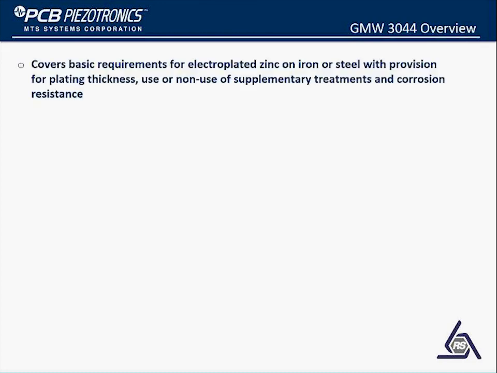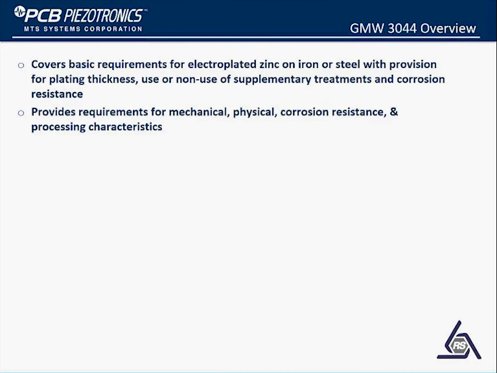Now let's take a look at GMW 3044. This is another fairly common test that's done. GMW 3044 covers the basic requirements for electroplated zinc on iron or steel, with provision for plating thickness, use or non-use of supplementary treatments, and corrosion resistance.